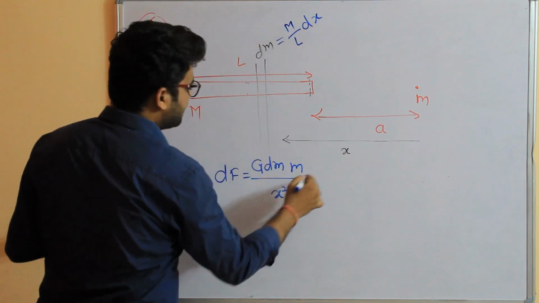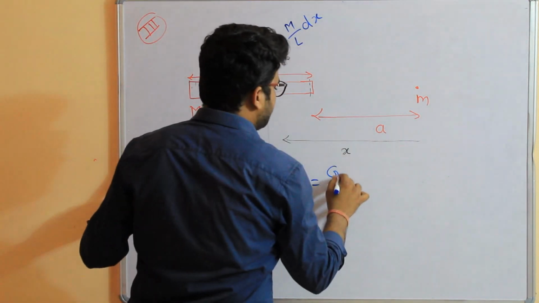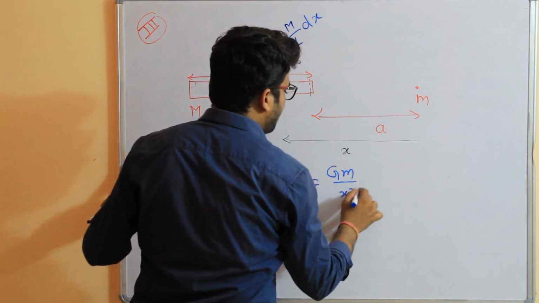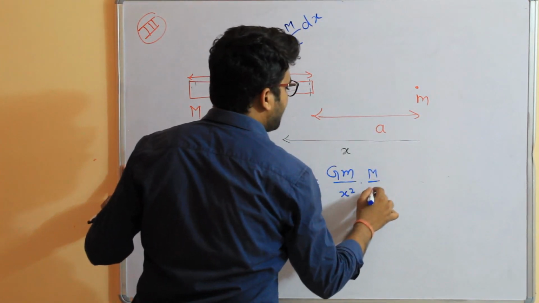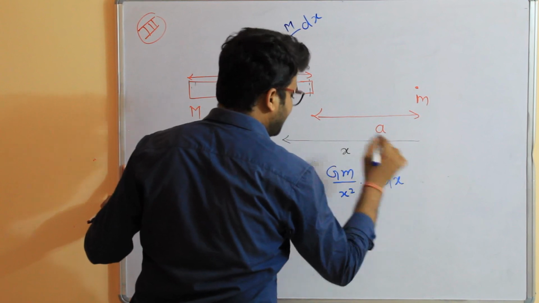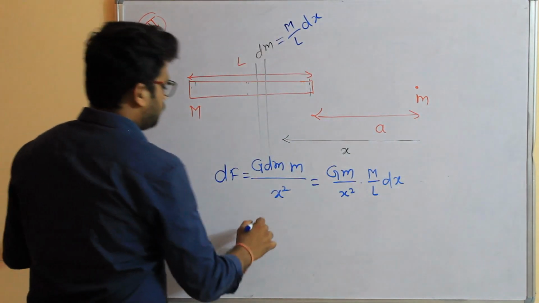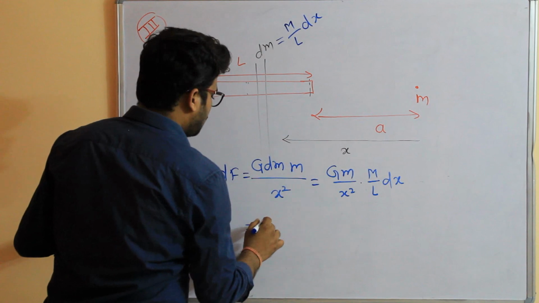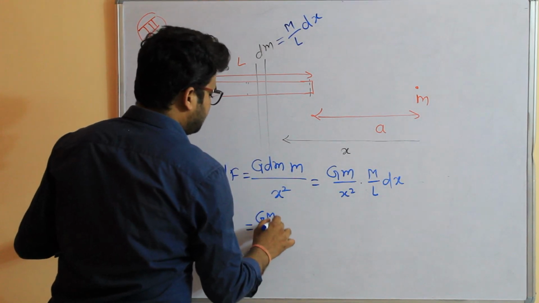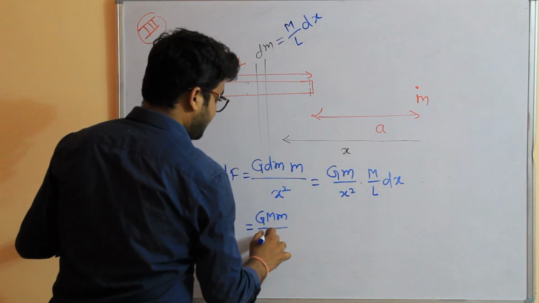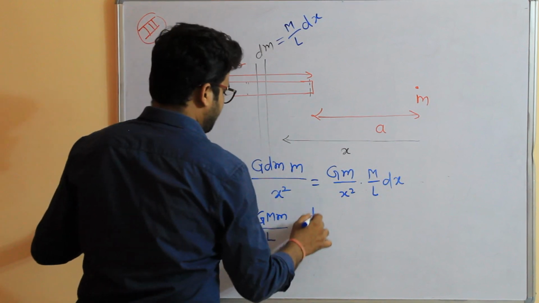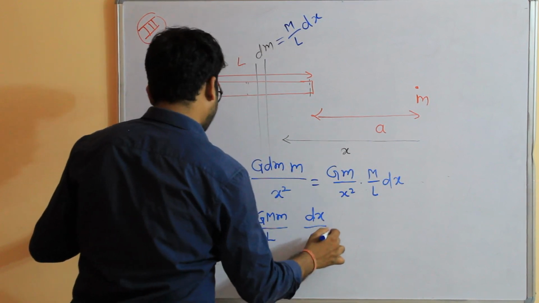M by L into dx. So dF is equal to G M by x square into m by L into dx, which is G capital M small m divided by L, dx by x square.